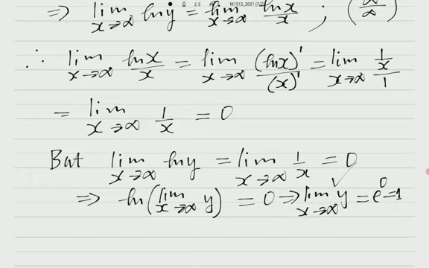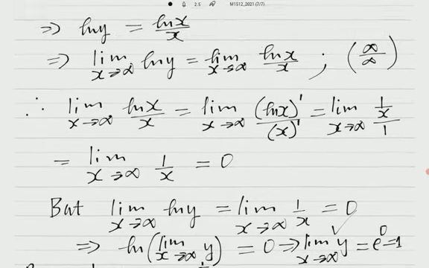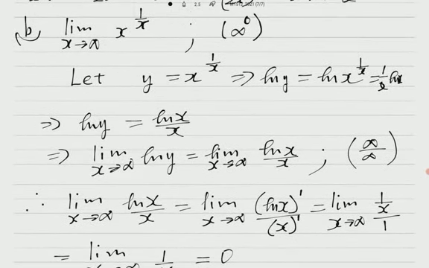This is good news. So remember, what is y? Remember that y is equal to x to the power 1 over x. If you go back, we exactly let y to be like that.